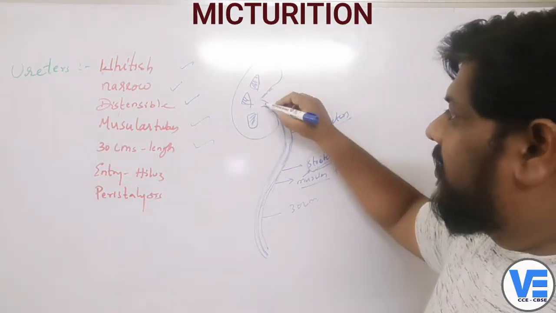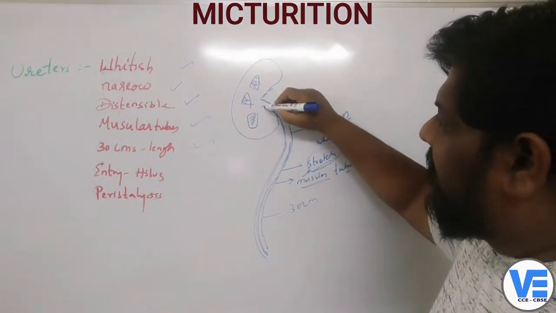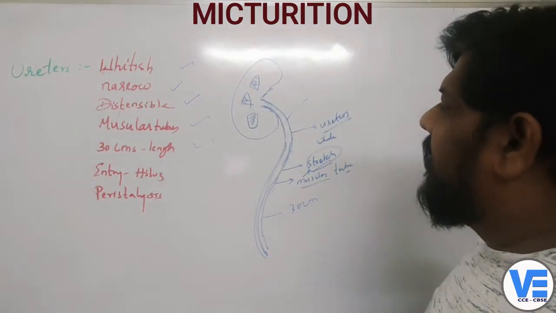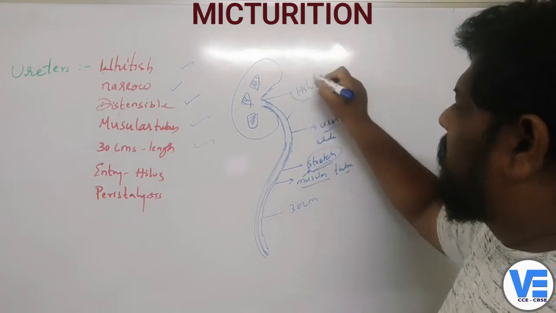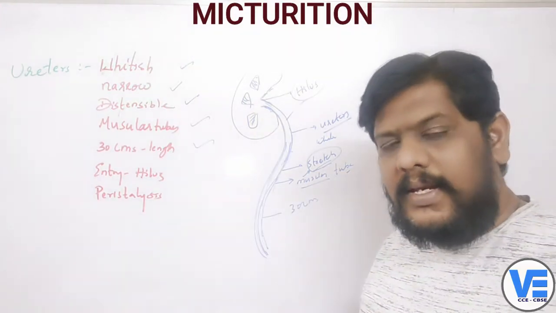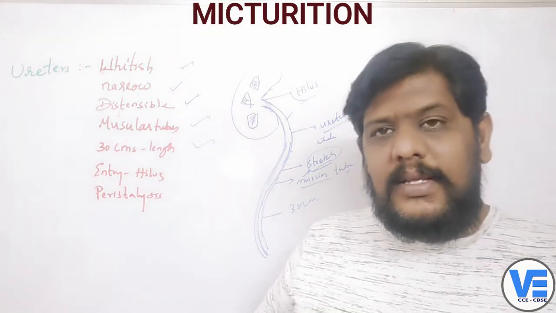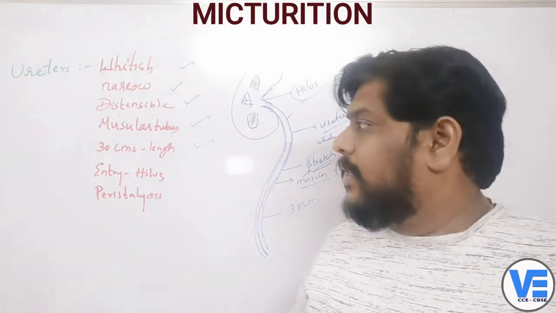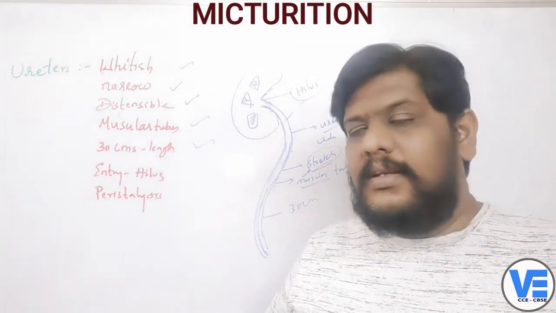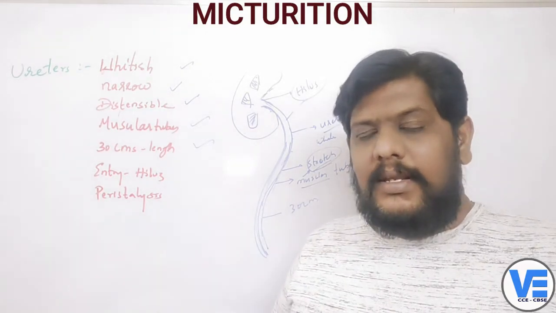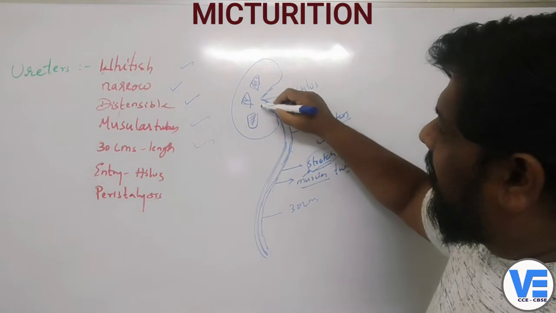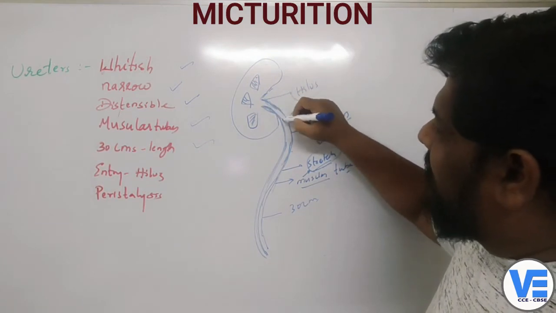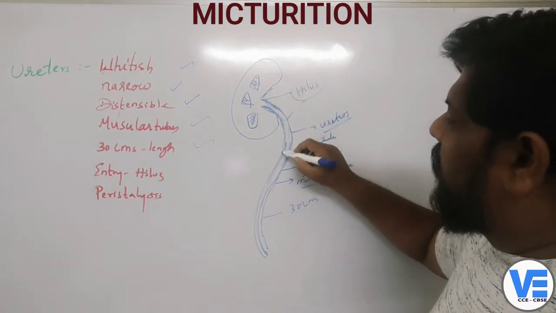And then the place where they come out from the kidney is called the hilus. Already we have talked about this word hilus. So hilus is the place where the ureters come out of the kidney. Whatever urine is secreted by the kidney is sent into the pelvis, and the pelvis will continue as the ureter.